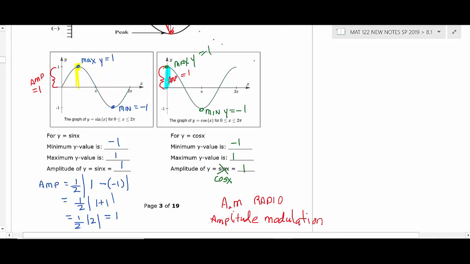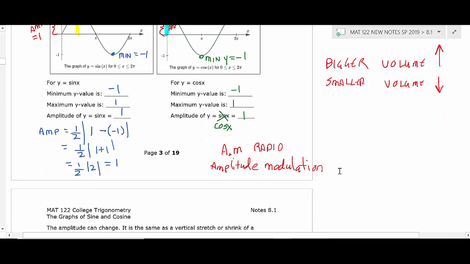In acoustics, when the amplitude gets bigger, the volume goes up, and as the amplitude gets smaller, the volume goes down. In electronics, that's how you can think of amplitude as far as stereo systems. That's changing the volume.